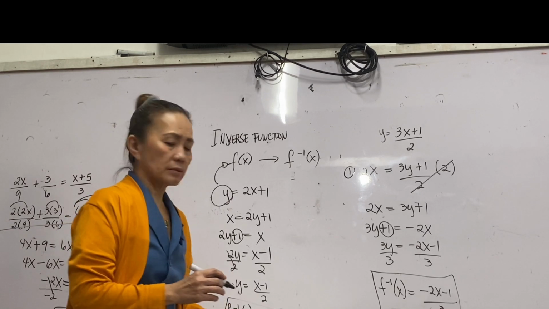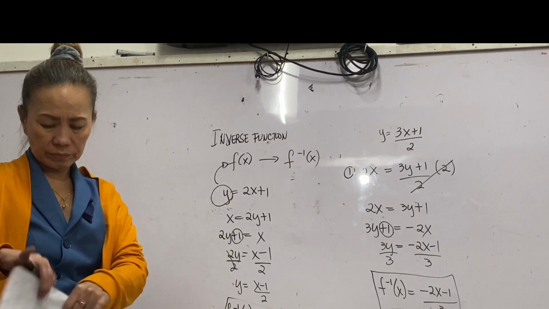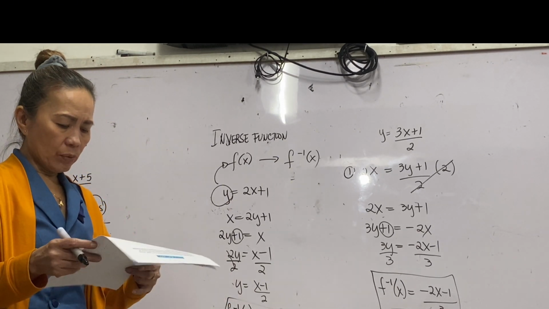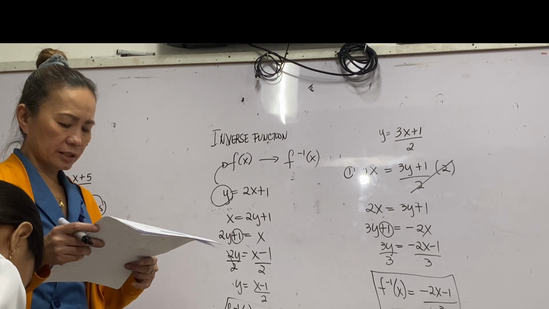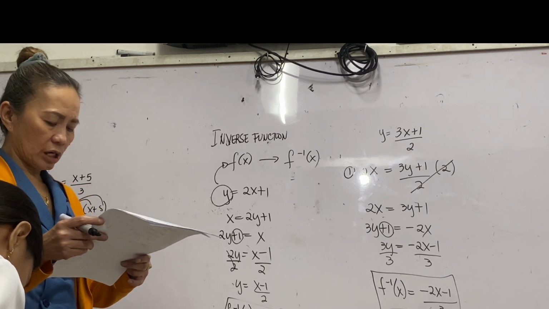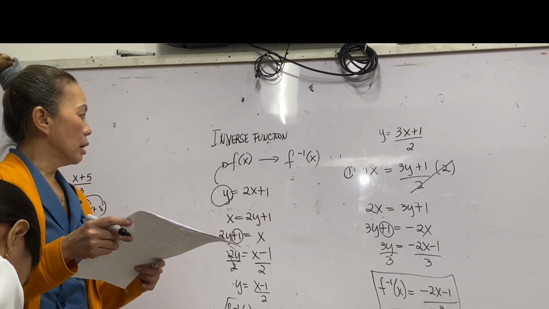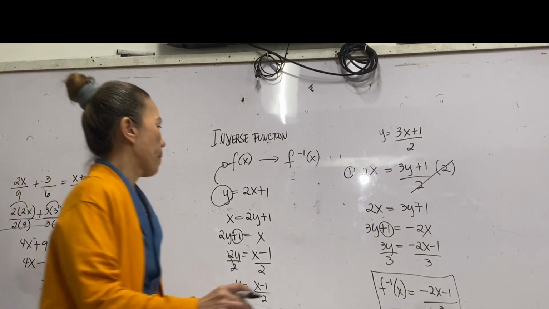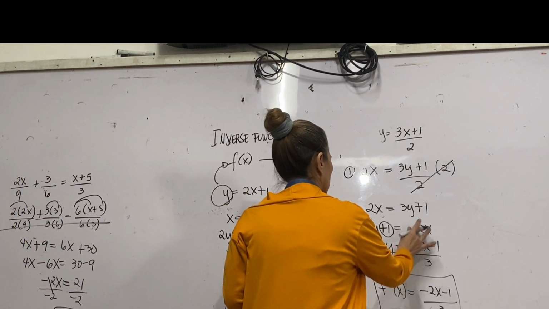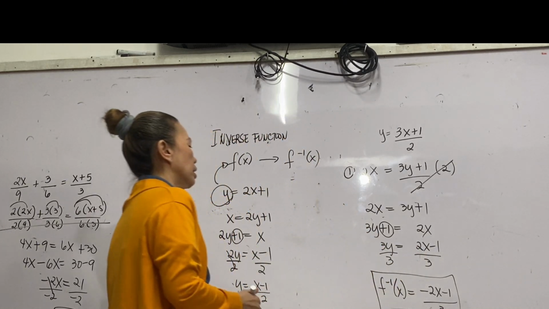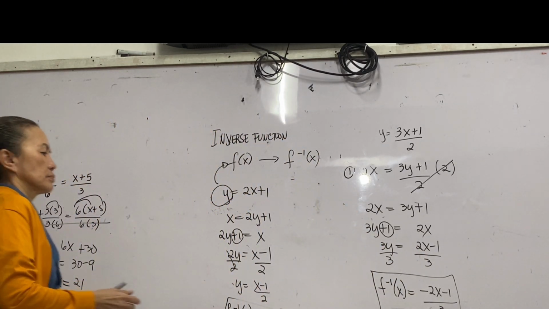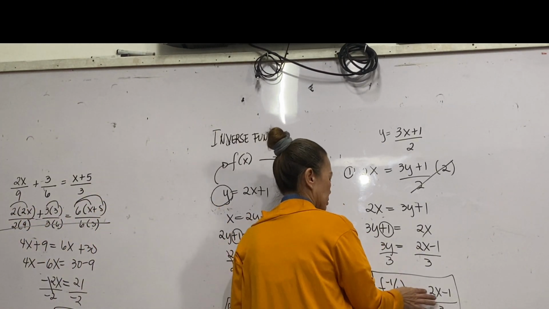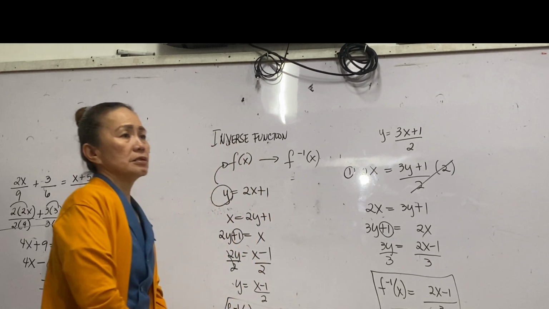Baka mali ang typo ko. 3y plus 1, 2x. Okay, so 3y plus 1. Ay, okay. Sorry po. Positive 2. Okay, so ayan po. Nasusundan po ba?